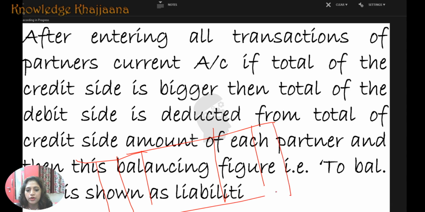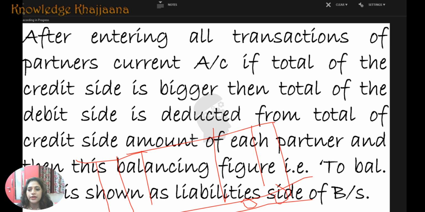If the total of the credit side is bigger than the total of the debit side, then the total of the debit side is deducted from the total of the credit side amount. This is smaller, right? So it is deducted from this amount.